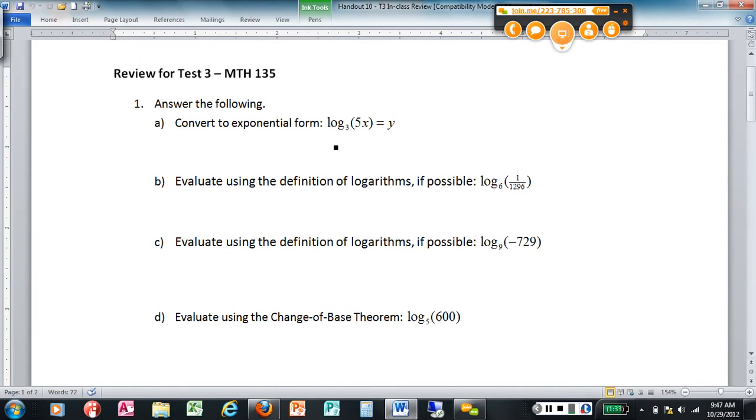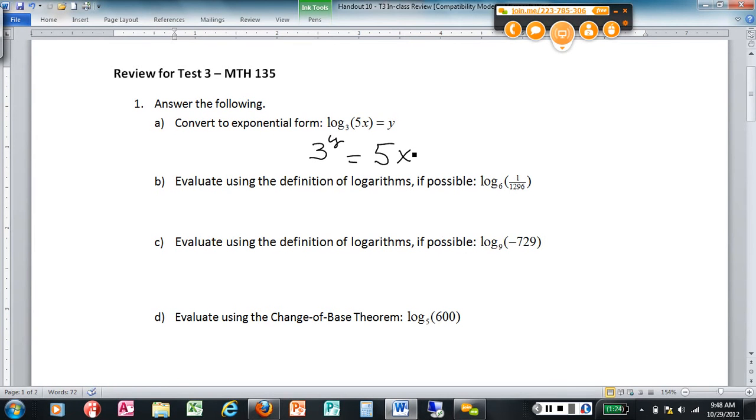I have base 3. And so when I convert that to exponential form, that is the base of my exponential form, isn't it? Now what goes on the exponent of that base 3? This number right here is the exponent, and then equals the stuff in the parentheses there. What I'm taking the logarithm of, that's what that equals.